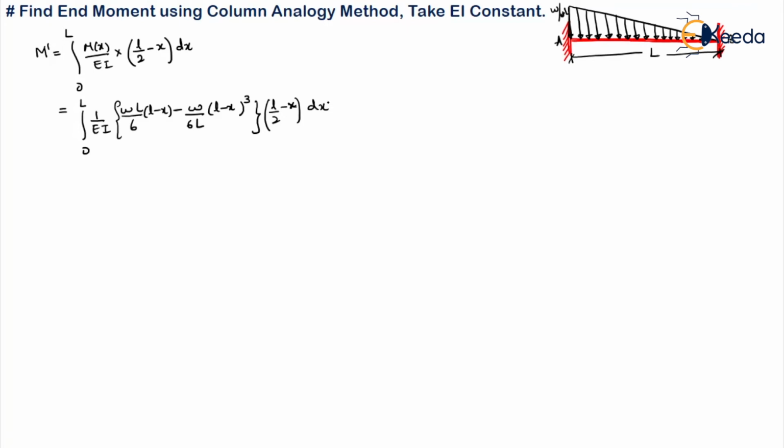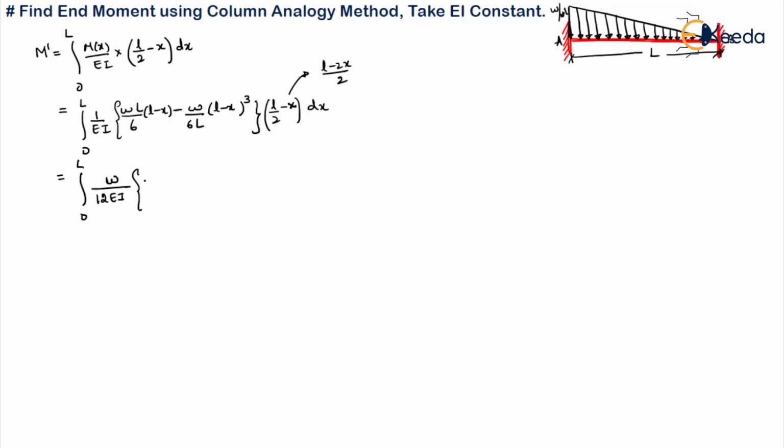Okay, so now you have to do the integration for this. So what will we do? We'll just simplify this. We'll take it as (L − 2x) by 2. So this 2 we can take outside, and this 6 also we can take outside. So 1 by 12EI will come common, right? And also W will come common.